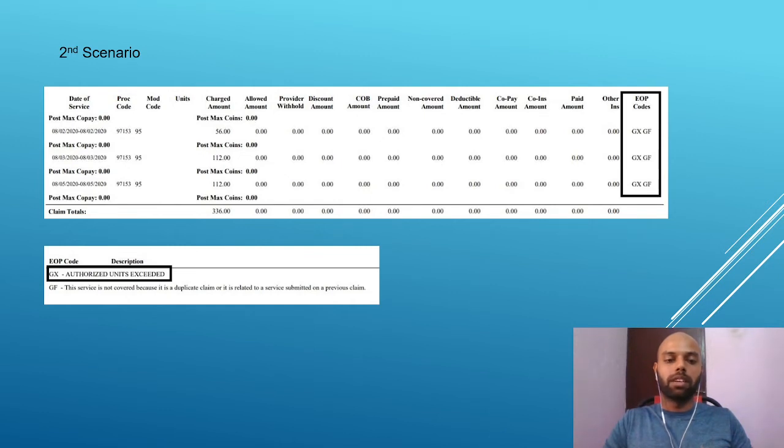It's been exceeded. The authorization was already used. So we have to check authorization for each service. For each date of service, whether the authorization is completed or is there any other authorization available for the date of service.